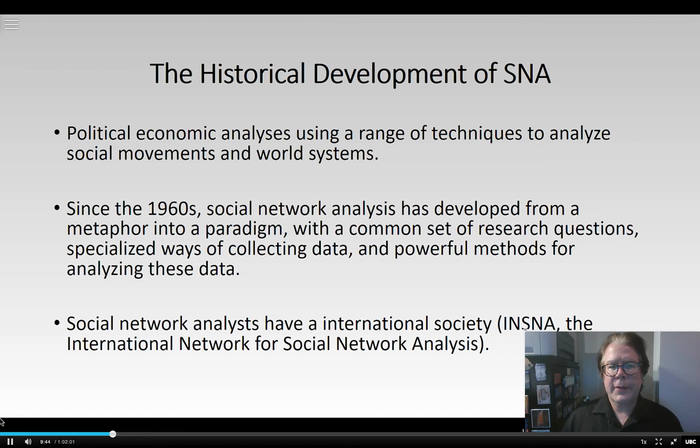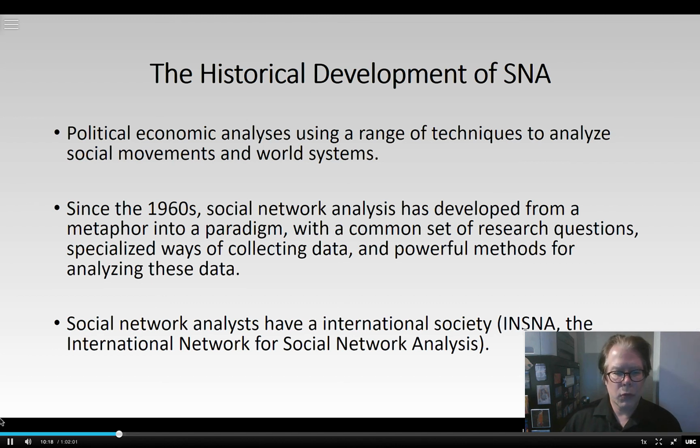In the 1970s, political sociologists and other social scientists used a range of techniques to analyze social movements and also social networks in the context of world systems. Since the 1960s, social network analysis has developed from a metaphor into a paradigm, and along with it, a set of research questions and specialized ways of collecting data and powerful methods for analyzing these data.